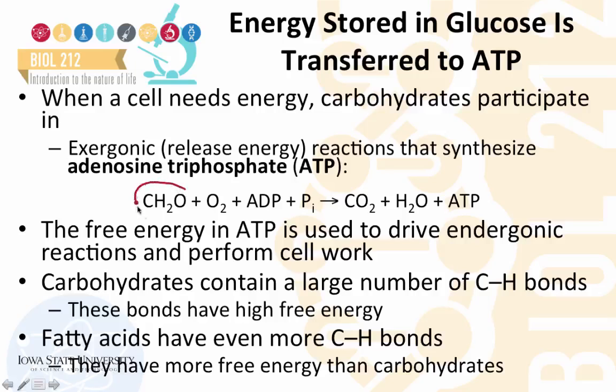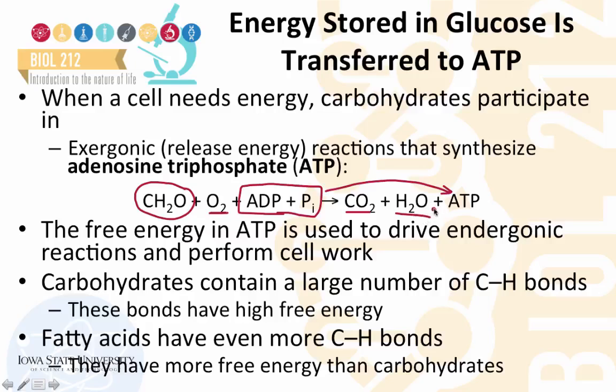So essentially, carbohydrate units get oxidized, resulting in the formation of a bond between adenosine diphosphate and a phosphate group, resulting in the synthesis of ATP and the release of carbon dioxide and water. The free energy in ATP is then used to drive other reactions inside the cell that require energy.